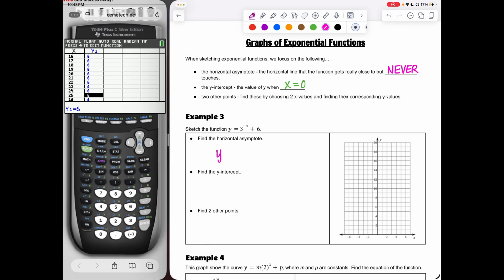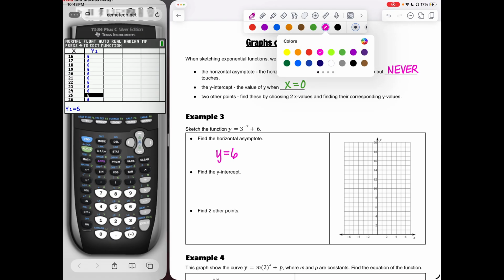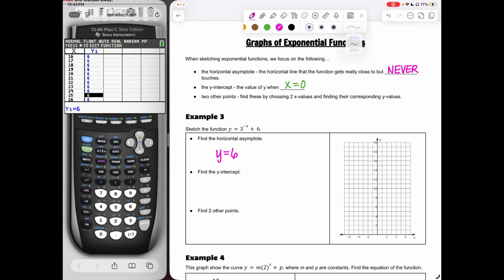That's going to be y is equal to 6. Because I know that is my asymptote, I'm going to graph it with a dotted line. This is my horizontal asymptote here.